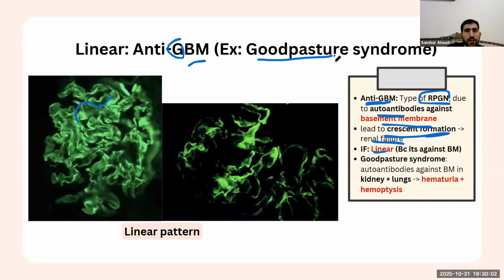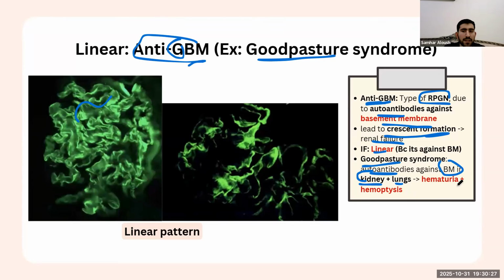One type of this is Goodpasture syndrome. What is Goodpasture syndrome? It's autoantibodies against the basement membrane in the kidney and lungs. So anti-GBM is autoantibody against the basement membrane in the kidney. They will have hematuria, rapidly progressive glomerulonephritis, crescent formation. If it's Goodpasture syndrome, it's autoantibodies against the basement membrane in both kidney and lung.